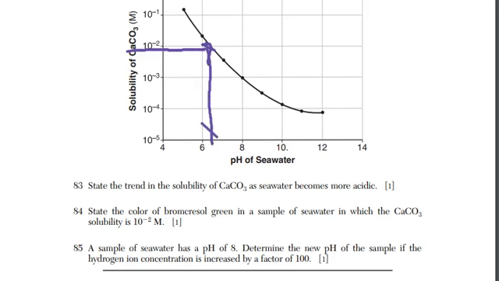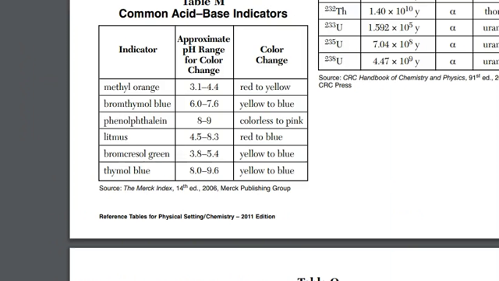So it's above 6. I don't think it's 7, so it's between 6 and 7, the pH. So let's go check out the reference tables. We were asked to figure out the color using brome cresol green, and we said that the pH of the seawater was between 6 and 7.